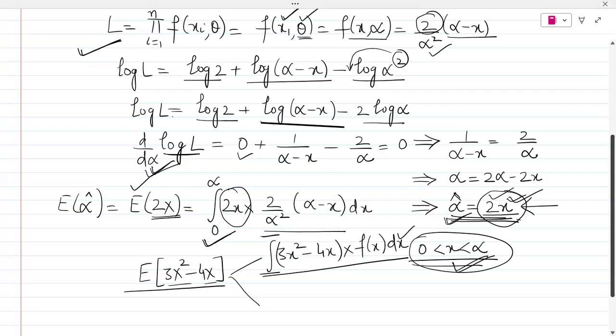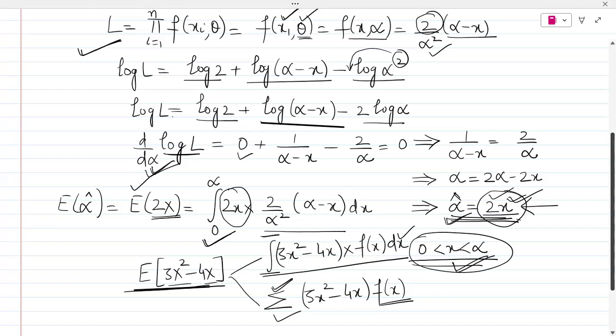And if your random variable x is discrete, then this expectation will be a summation of 3x square minus 4x into fx, which is the probability distribution function, and once again this summation will be over the given range of the random variable.